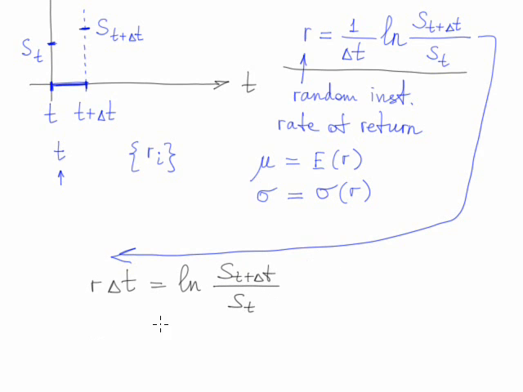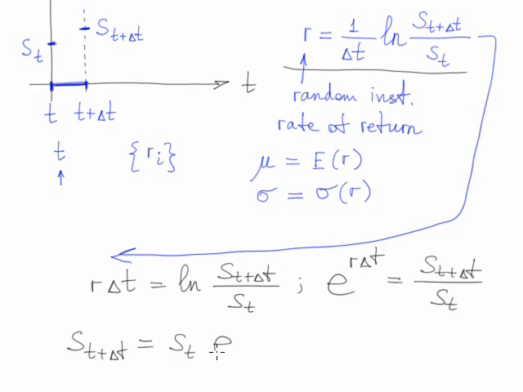Then I can apply the exponential function and I get S_{t+Δt} is equal to S_t e to the power of R delta t. So we see that here R is the continuously compounded rate of return. So that's where mu and sigma come from.